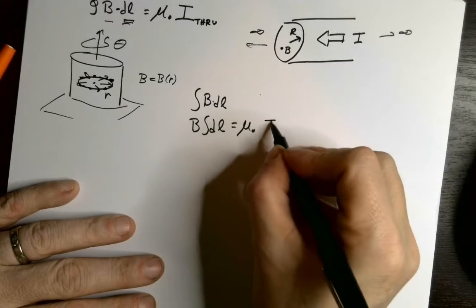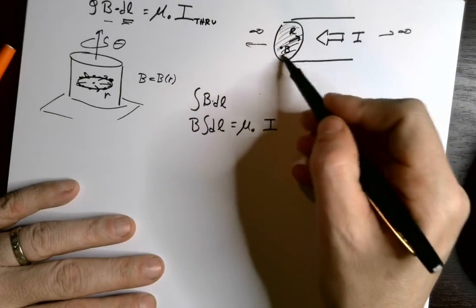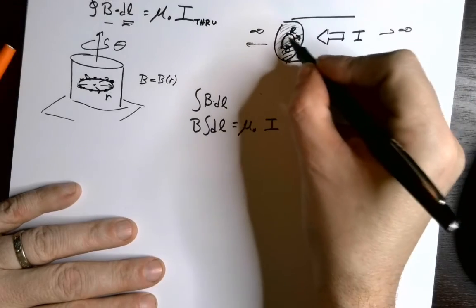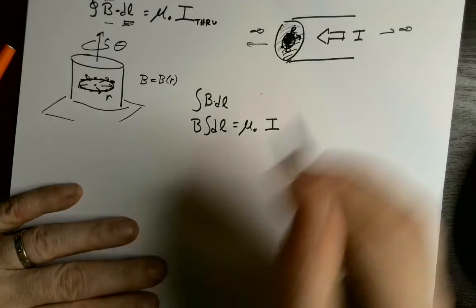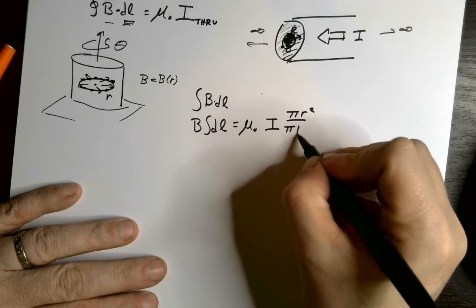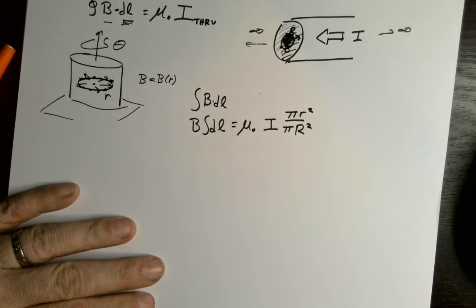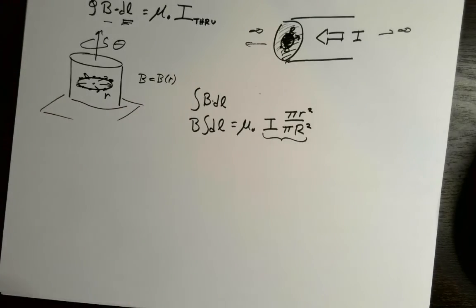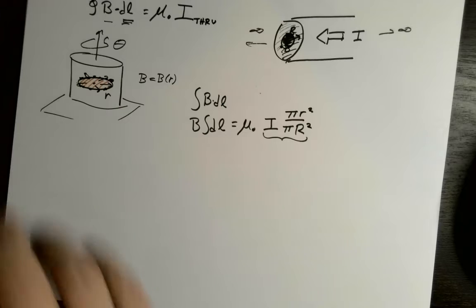It's the total current times the ratio of the area enclosed by our little loop, pi r squared, to the area of the whole wire, pi R squared, where big R is the radius of the whole wire. So this is the current through our little Amperian circle that we have chosen here.